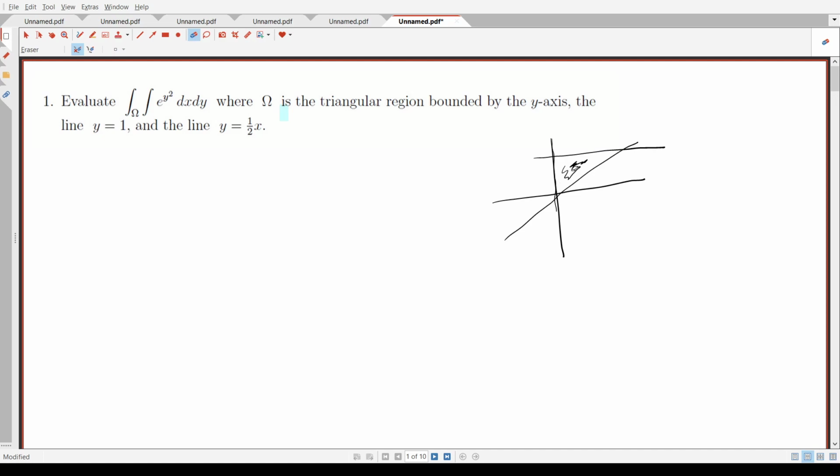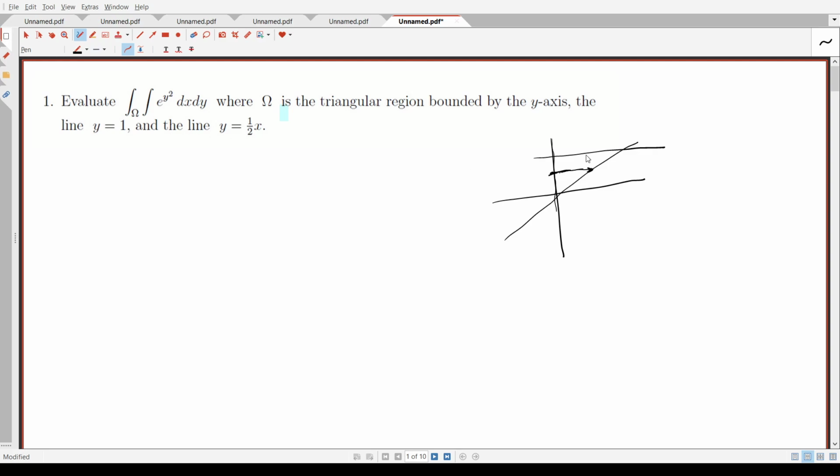Okay. Now, first I integrate this with respect to x. So what I'm going to do is I'm going to pick a value of y. It doesn't matter which one. I'm just going to draw a slice across my region that I'm interested in. So I pick this and I go in the x direction.